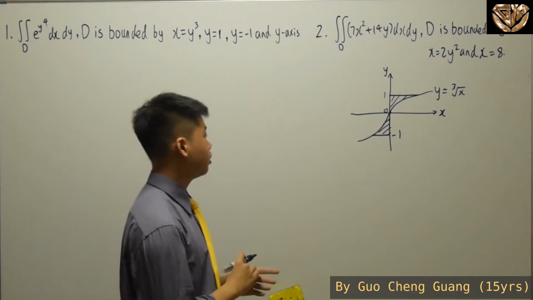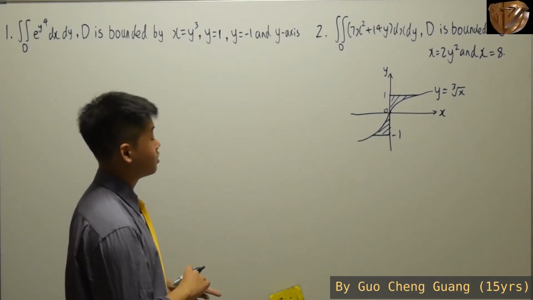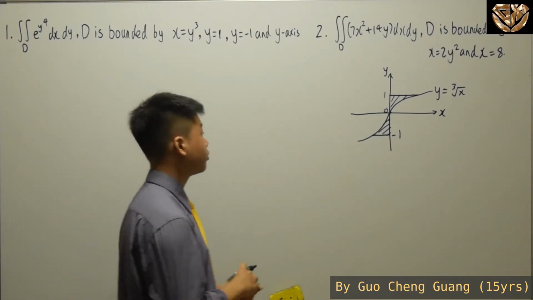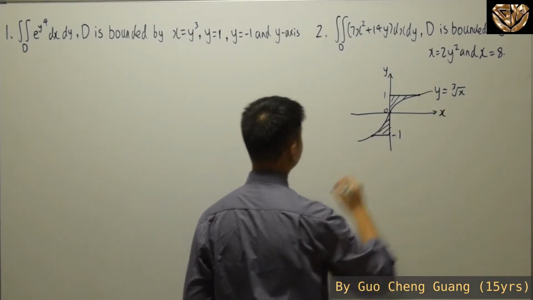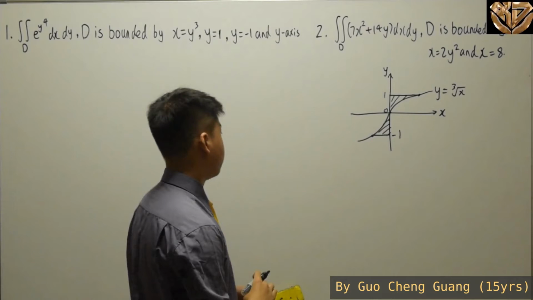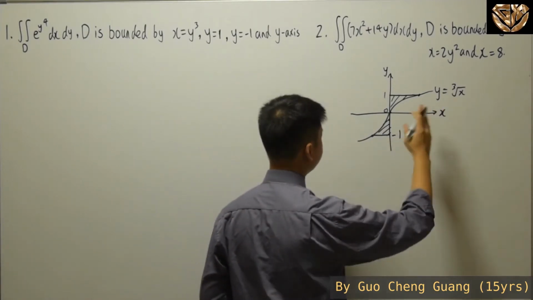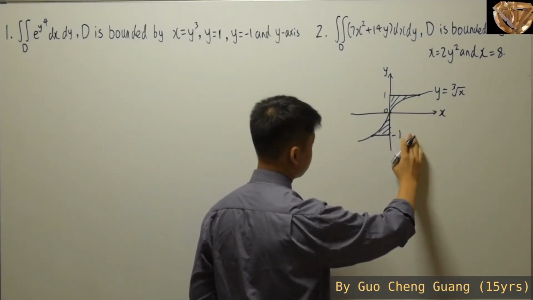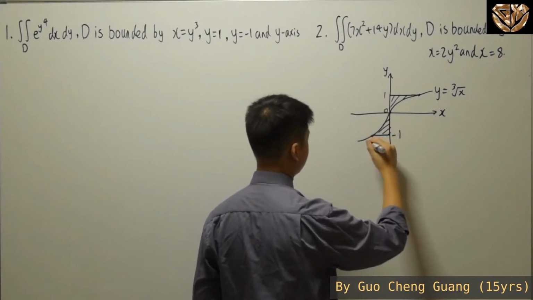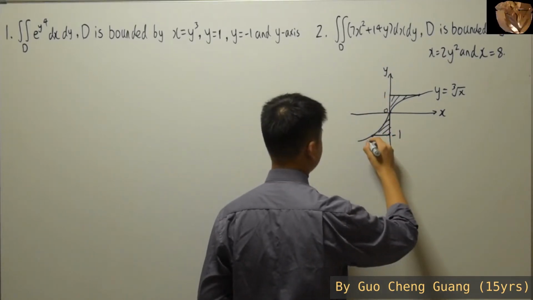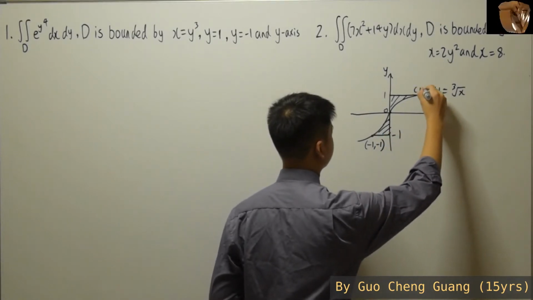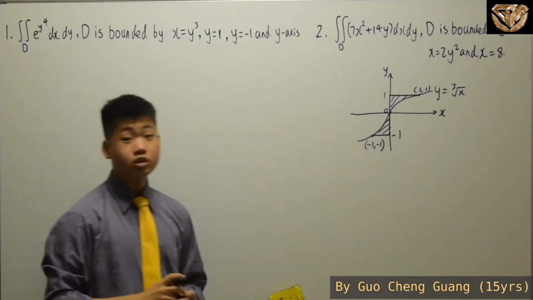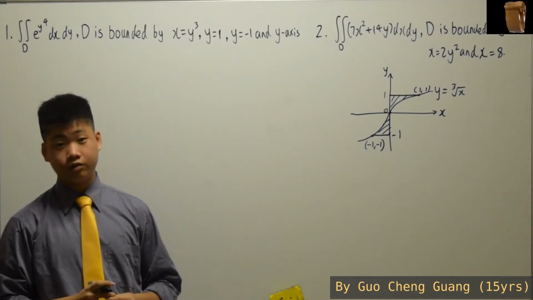So let's take a look at how I'm going to integrate these two parts separately. But of course, we might want to find out what these 2 points are. Since you know the function of this graph, you just have to sub in y is equal to -1 and y is equal to 1. Well, you will realize this is -1, -1, well this is 1, 1. Right. So this is what we will have.